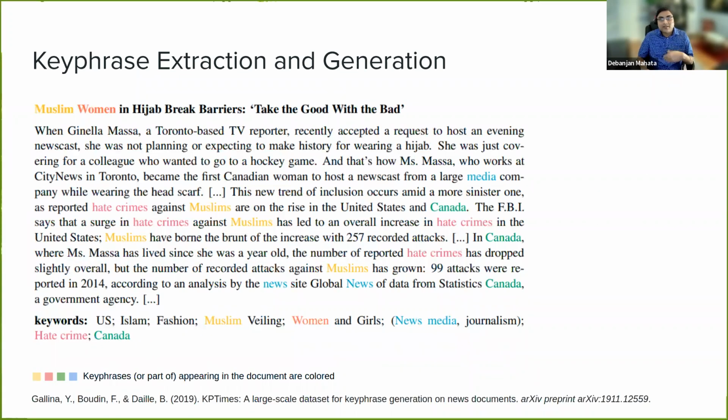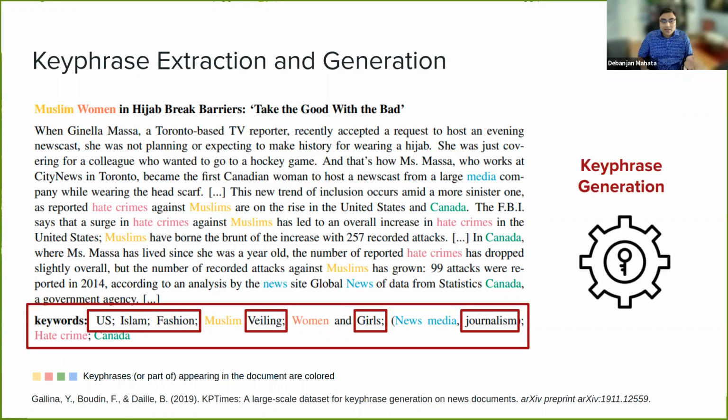Now, if you look at this example again, there are certain phrases like US, Islam, fashion, wheeling, girls, journalism, which you may not find in the actual input text. These key phrases are often called abstractive key phrases or absent key phrases, and the process of identifying these phrases is known as key phrase generation.